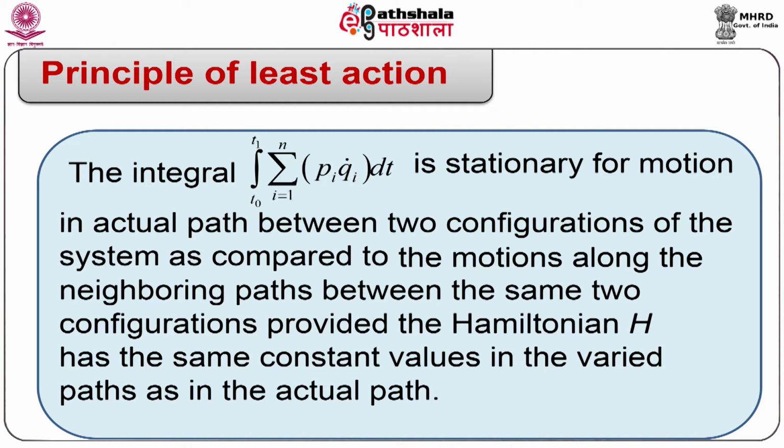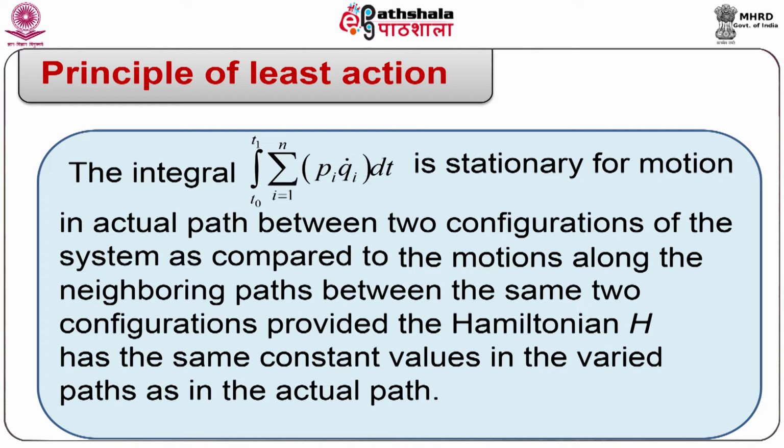The principle of least action states that the integration T0 to T1 summation over i equal to 1 to n pi into qi dot dt is stationary for motion in actual path between two configurations of the system as compared to the motions along the neighboring paths between the same two configurations, provided the Hamiltonian H has the same constant values in the varied path as well as in the actual path.